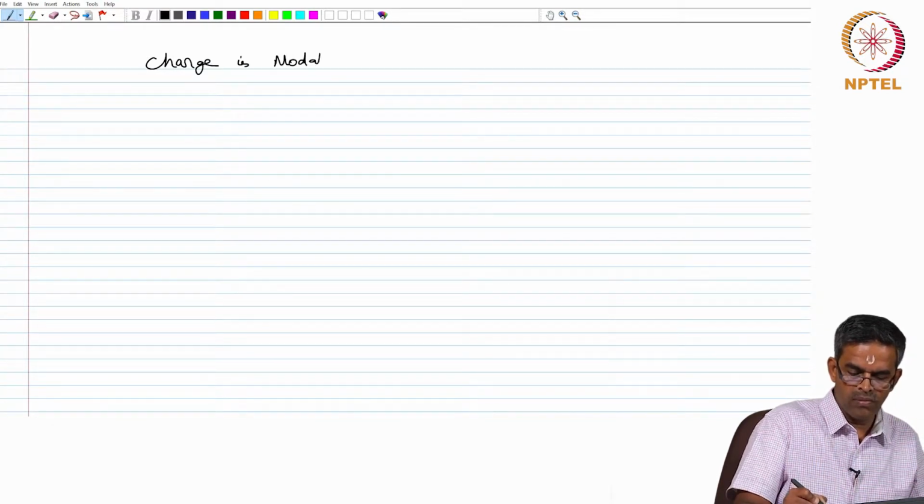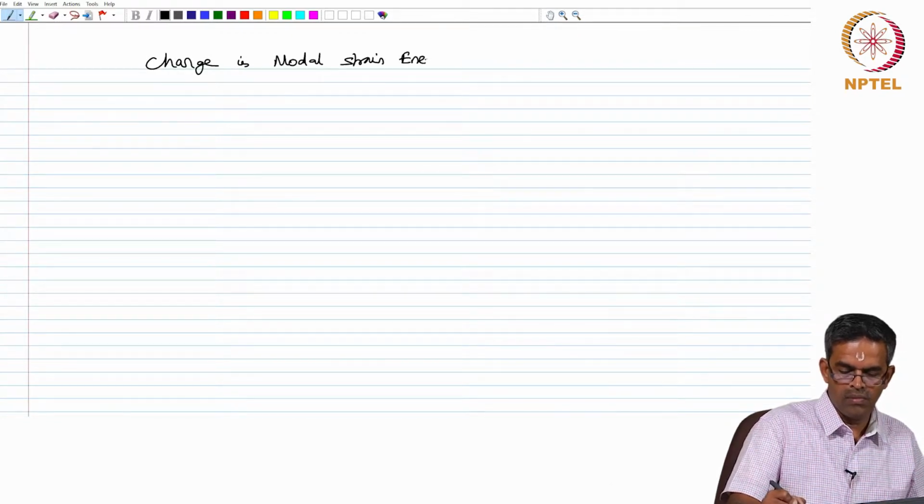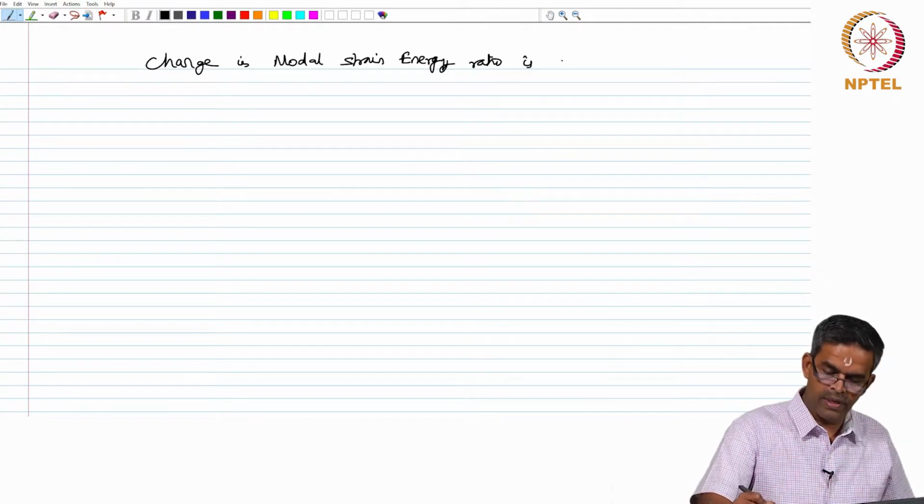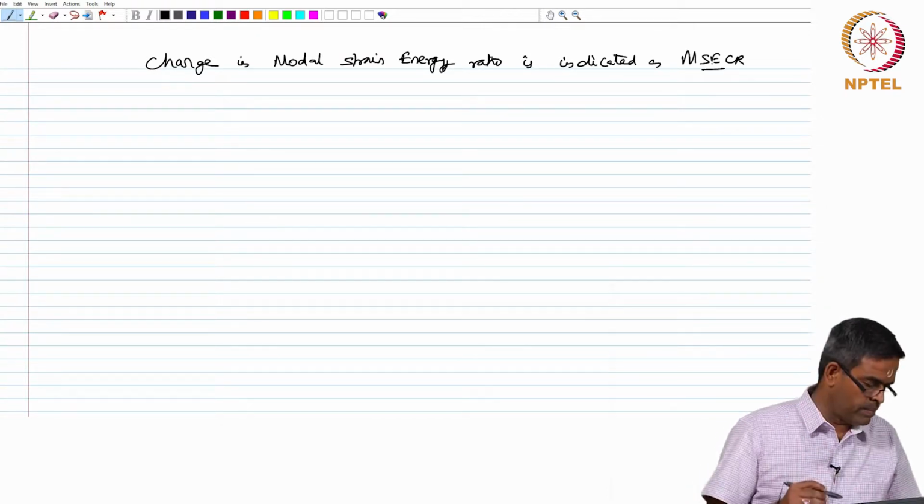Change in modal strain energy ratio is indicated as modal strain energy change ratio. Okay.